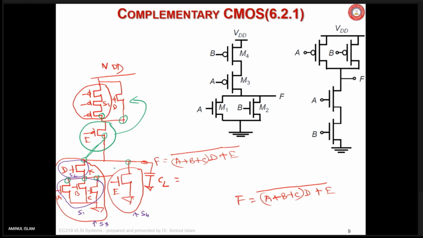It has to be there always. You are correct. We have to add this one also, but this is common to both the cases. Do you understand? Yes, sir. This is common to both the cases. That's why I didn't mention that.